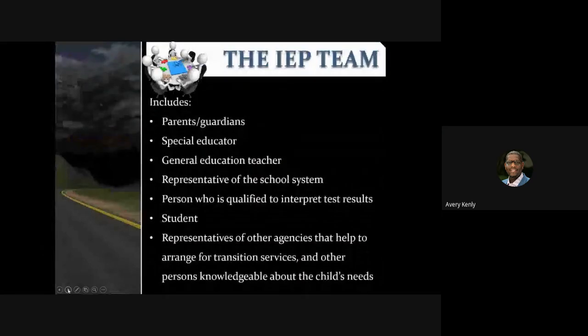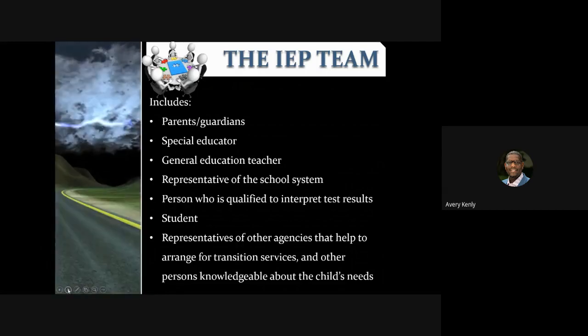Now, the IEP team. So the IEP team consists of parents, guardians, the special educator, general educator, the representative of the school system. That individual is called a local education agent, a person qualified to interpret test results, the student themselves, and then representative of other agencies that help to arrange for transition services, as well as other persons knowledgeable about the child's needs.